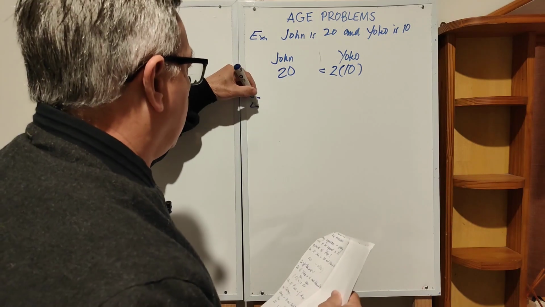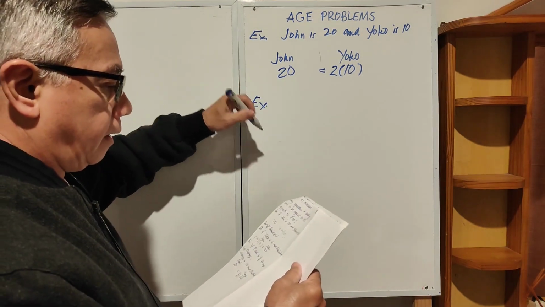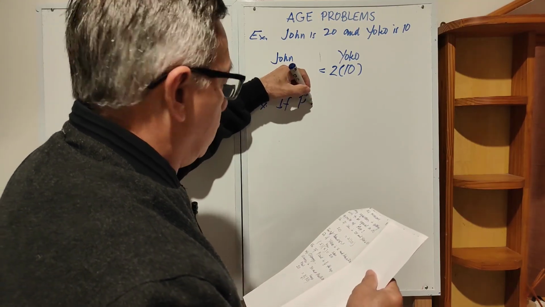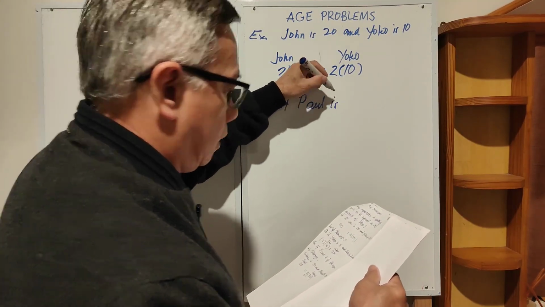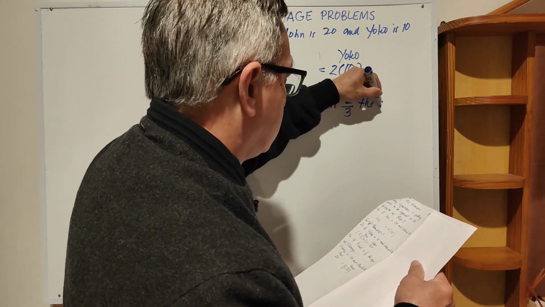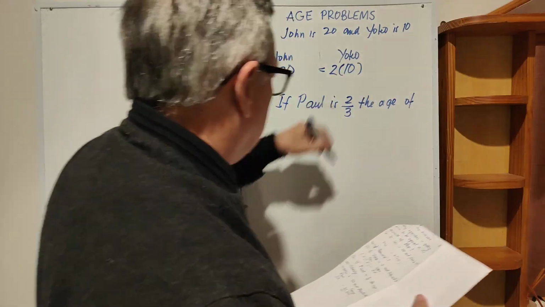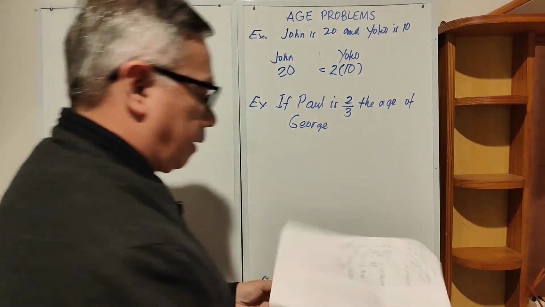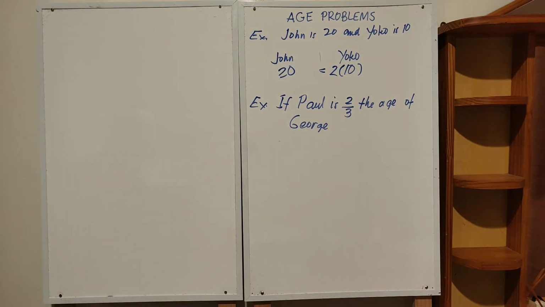Another example, if Paul is two-thirds the age of George. So who is older, who is younger?